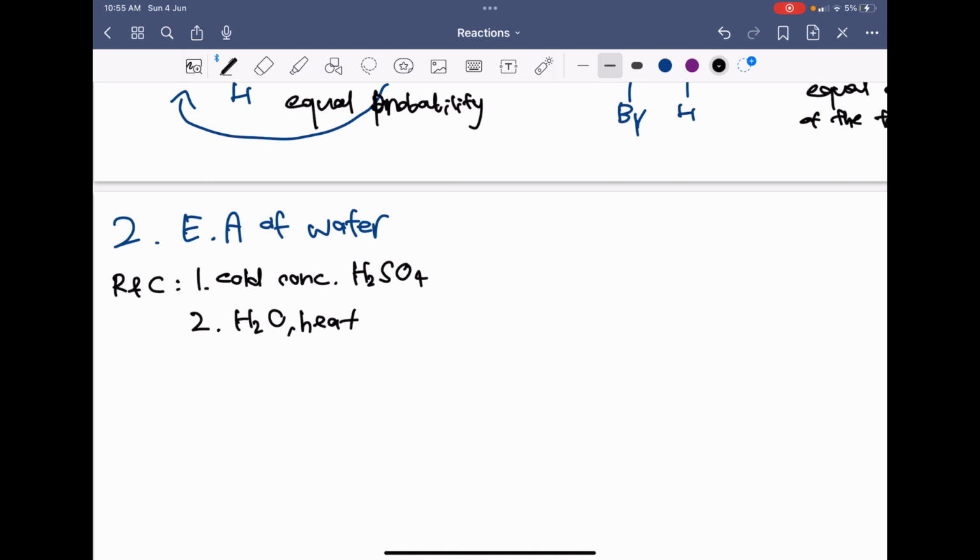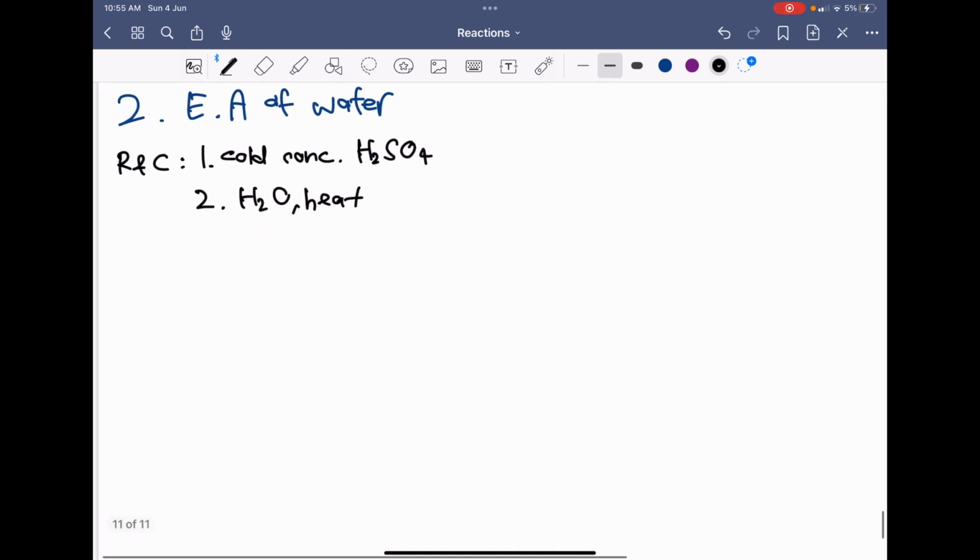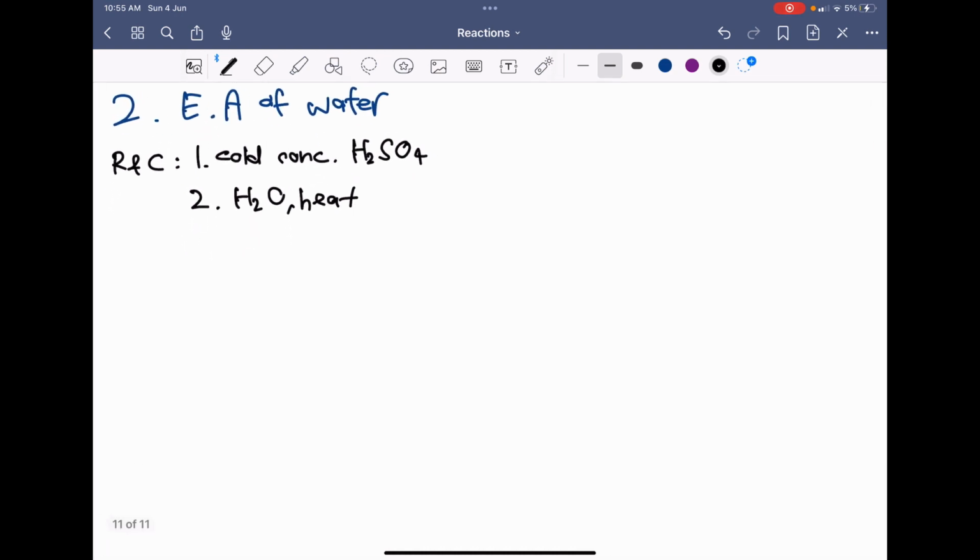Okay, so let's further look into this. So step one, same thing, electrophilic addition. I'm not going to draw a bunch of other stuff now. We'll keep it simple.